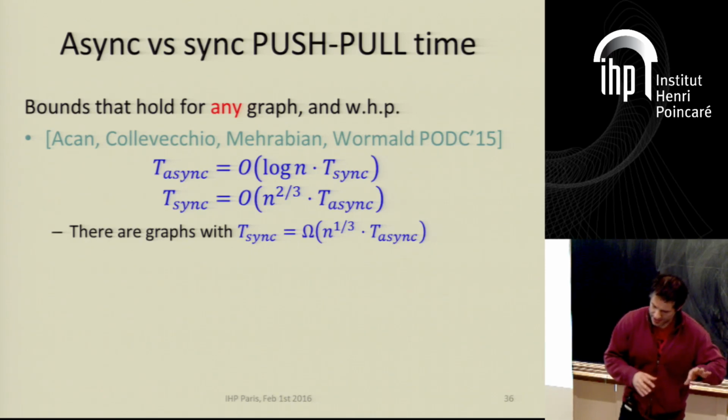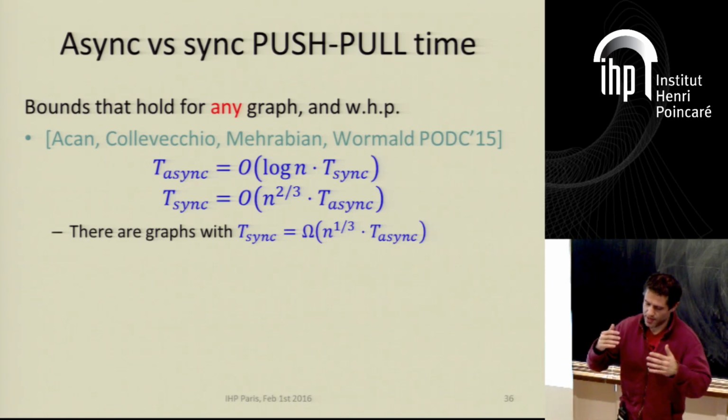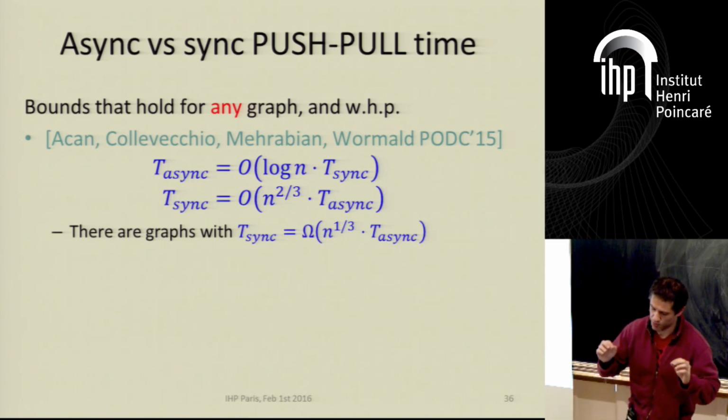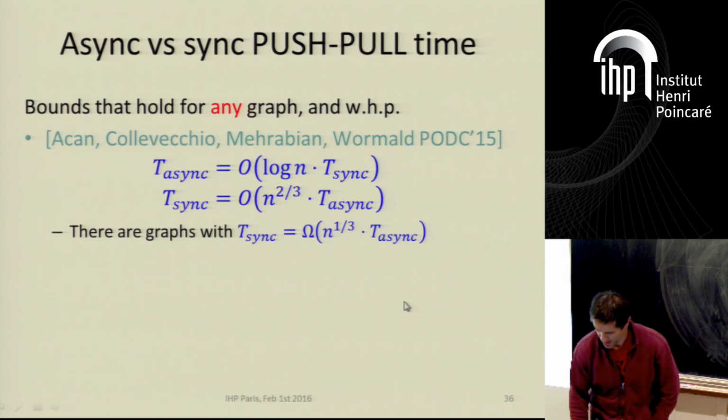In addition to these results for specific graphs, there are also general bounds on the relation between asynchronous and synchronous rumor spreading time that apply for any given graph. Here is a recent result.